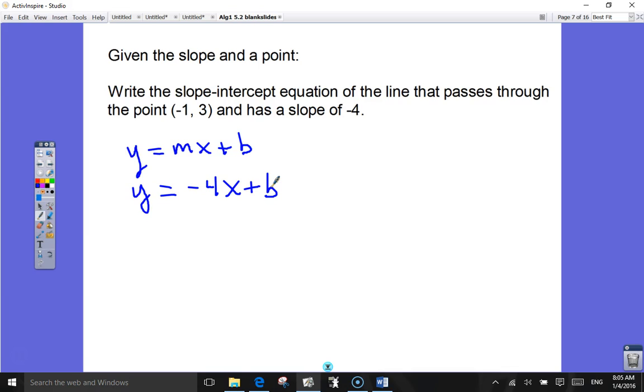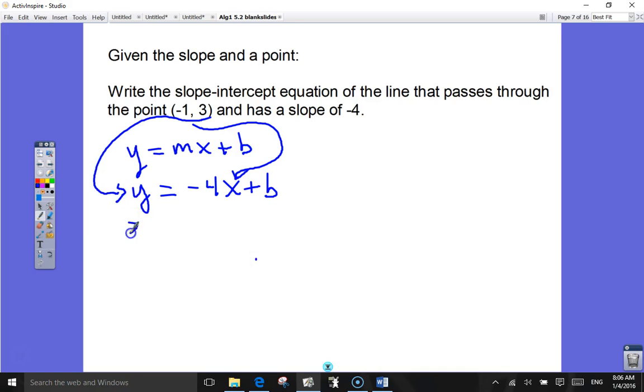The process for doing that is, since they gave you the point, which is one xy coordinate point, you know the x and the y values go together, so plug them in for x and y. Substitute -1 here, and the 3 here.